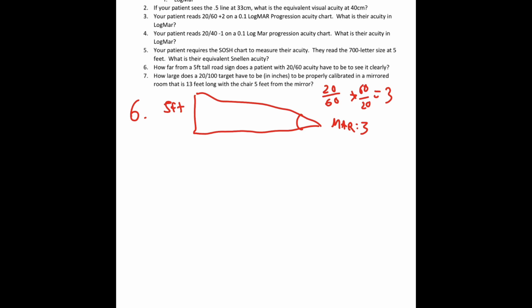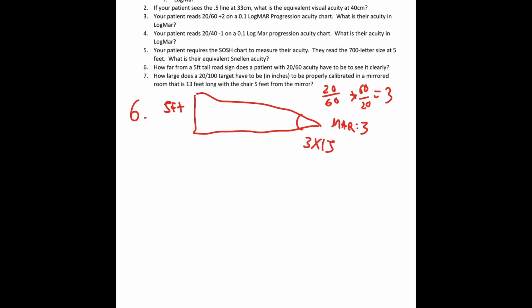Review in your visual acuity lecture about how when we're seeing a letter, we need the acuity to be able to discern like 1/5 of that letter to be able to correctly, consistently identify it on a visual acuity chart. So to figure out this angle, we take the MAR and we multiply by 3.